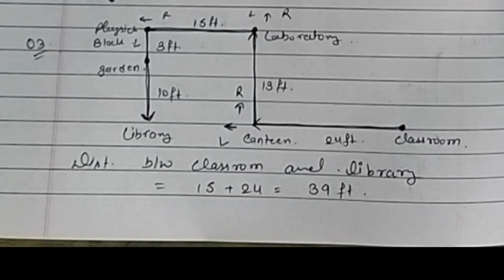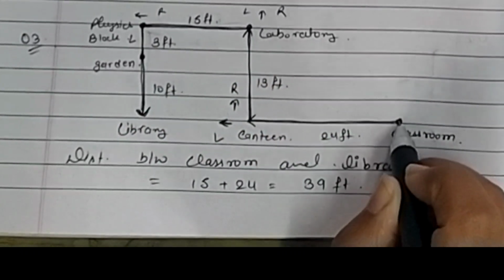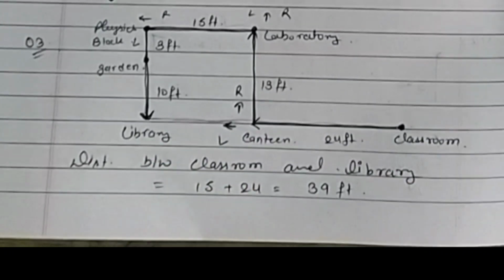So we have to find the actual distance between the library and the classroom. So if we see, this will create a map, and the classroom is here and the library is here. So the straight line will form a simple way to go to the library from the classroom, and the actual distance will be from the classroom to library.